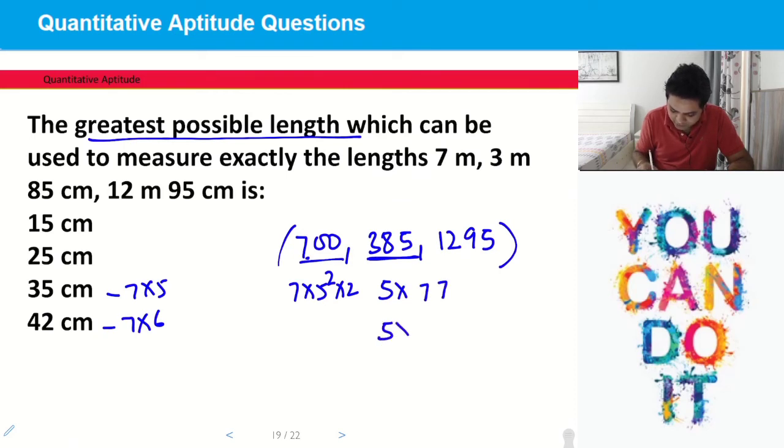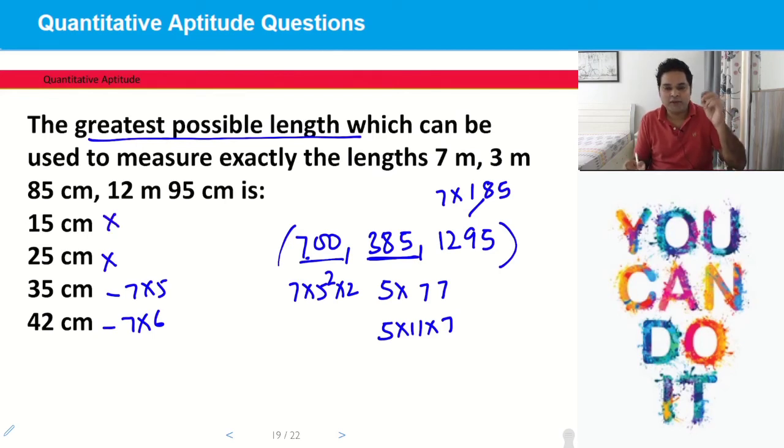So it is 5 into 11 into 7. For this last number we do not know yet, because we need to check whether it has 7 or not. So let's divide this number by 7. So 7 into 185, that is 7 8s are 56 and 7 5s are 35. So we have 7 as one of the elements of HCF.